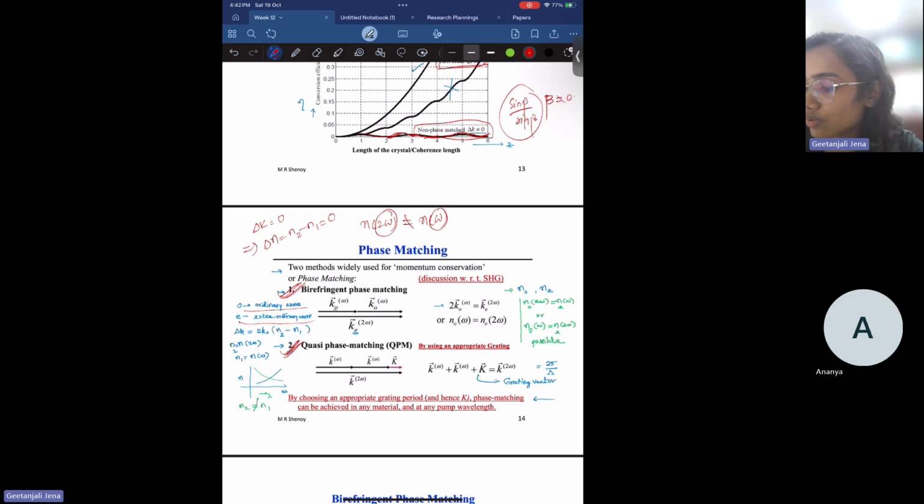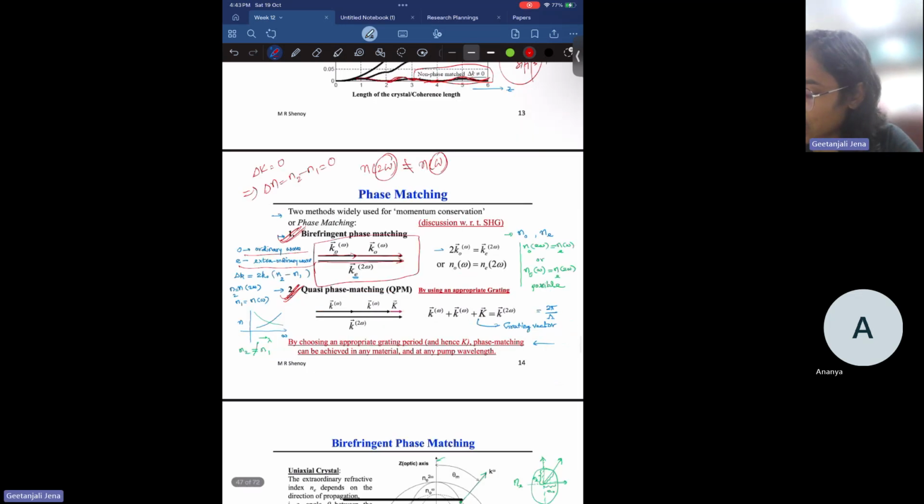Okay. So you can see this phase matching condition. This is the phase velocity of the ordinary wave. And when you have an extraordinary wave in the same direction, you can see this phase velocity will easily match with each other.